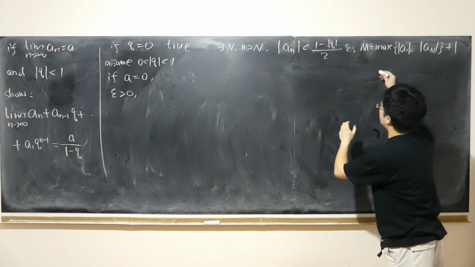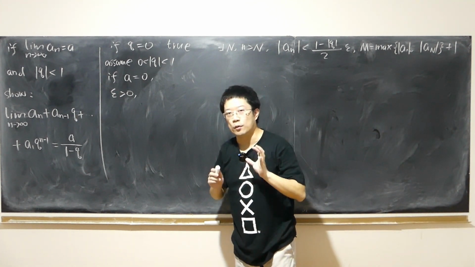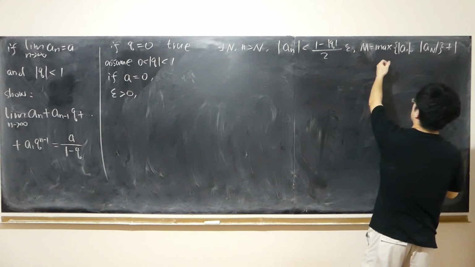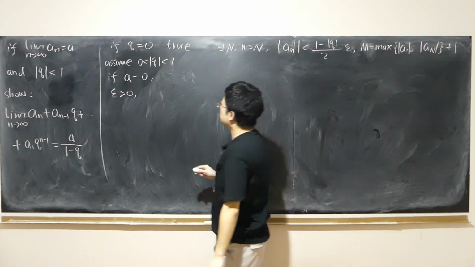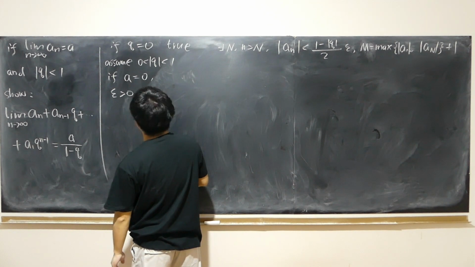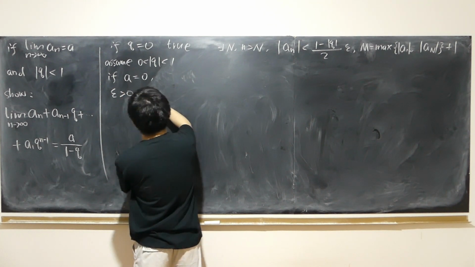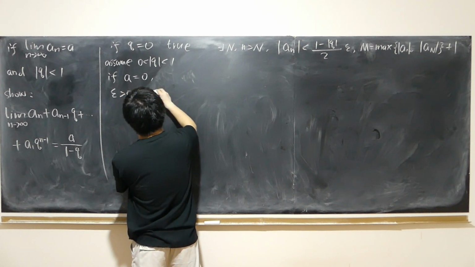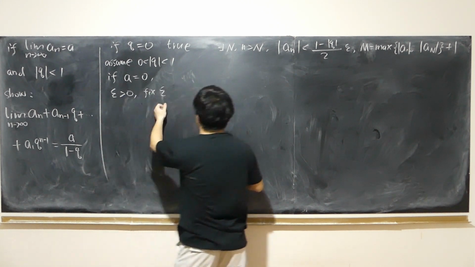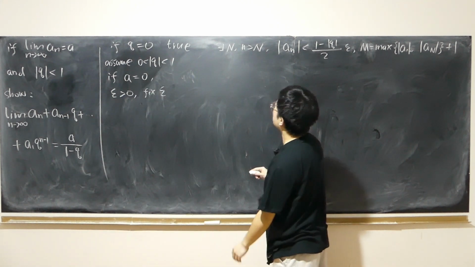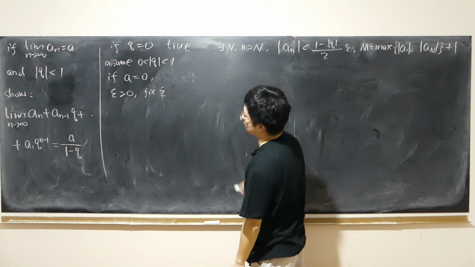And the reason I add 1 is I want to make sure capital M is strictly positive, non-zero. Of course, in this case, I fix epsilon. Once given, we fix it. Of course, capital N is fixed as well.